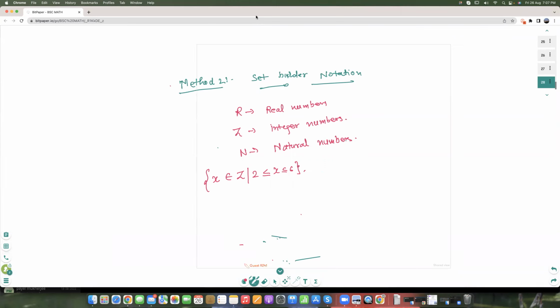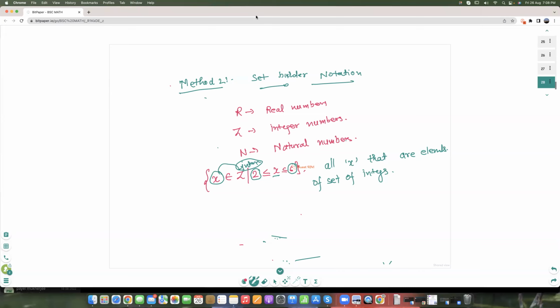It means all X that are elements of the set of integers. X belongs to integers, so all the X are integers. First of all, this is the condition. And the second condition is X is greater than or equal to 2 and less than or equal to 6.